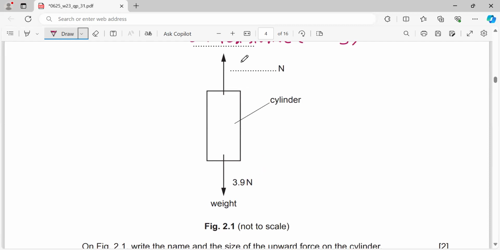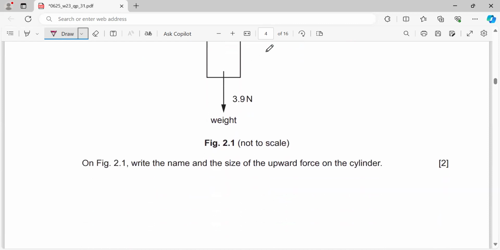So it means this force is 3.9 newtons. Weight, you have to calculate. It becomes 3.9. If you are going to find weight through the formula m times g, the weight equals 3.9 newtons.